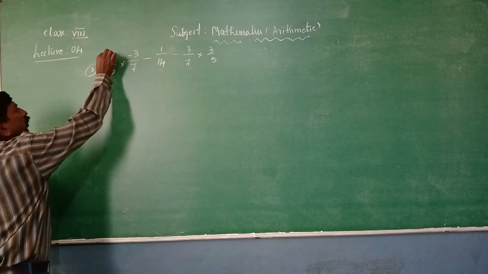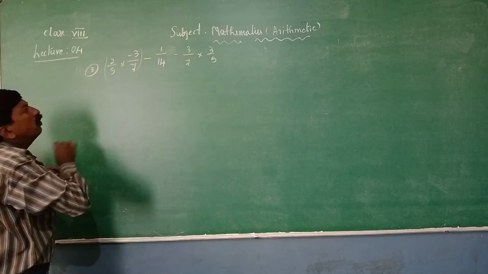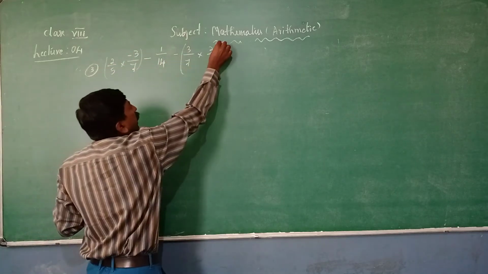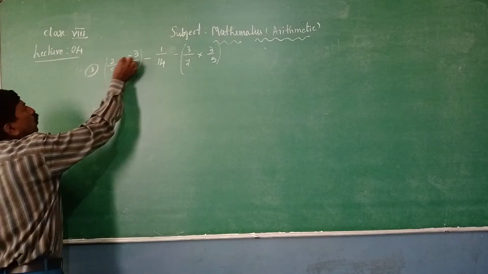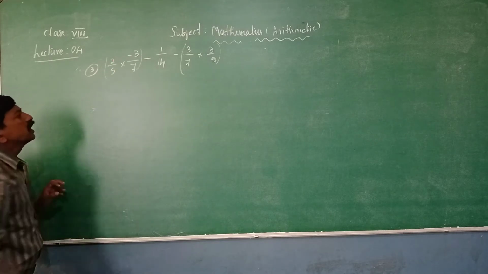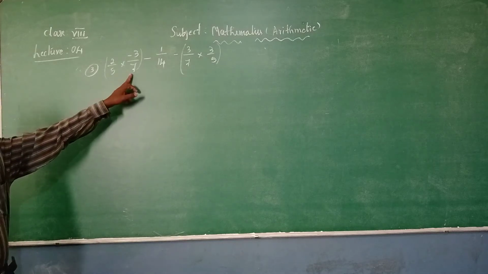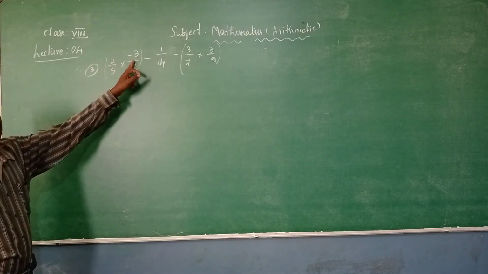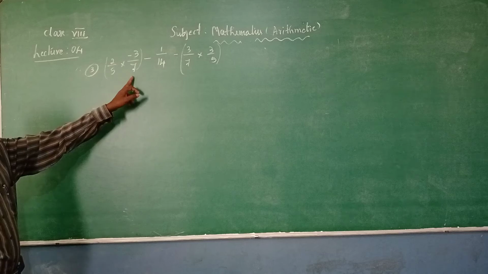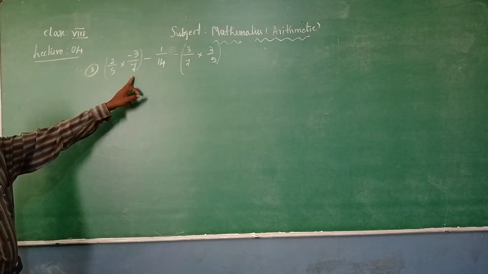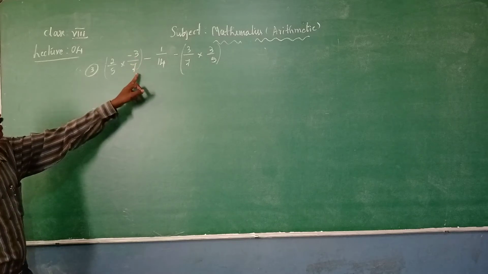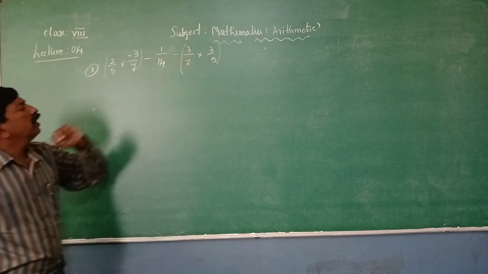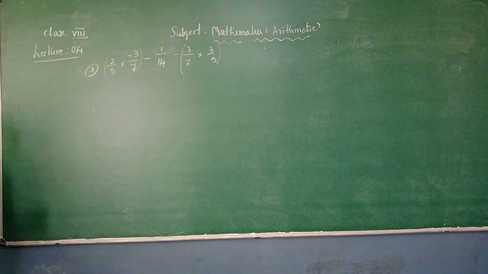These two you can make as one group, and these two as another group. 2 3s are 6, 7 5s are 35, so 6 divided by 35. Or are there any common factors? Here is 3, here is 7, and here also 3 and 7. I think you can take 1 by 7 as the common factor.